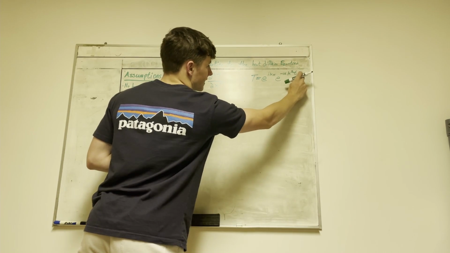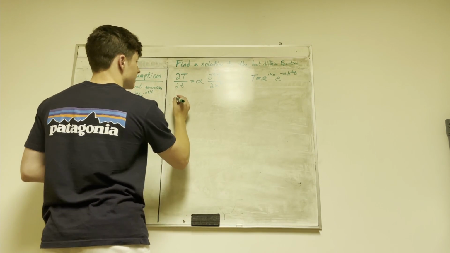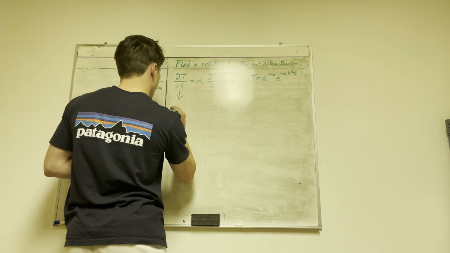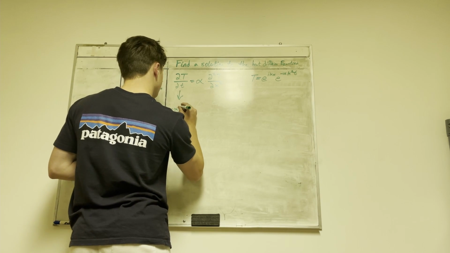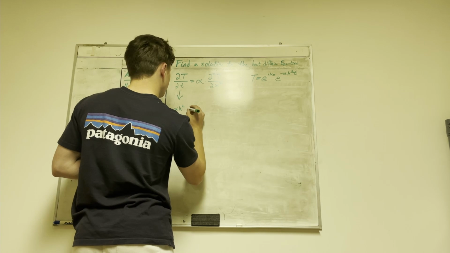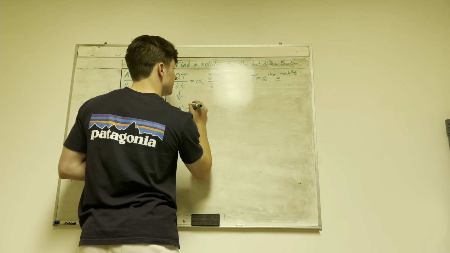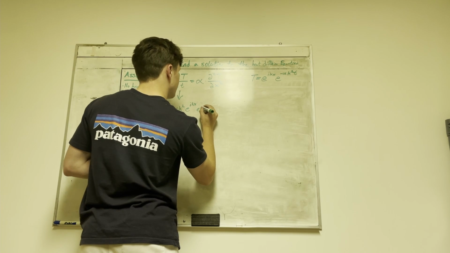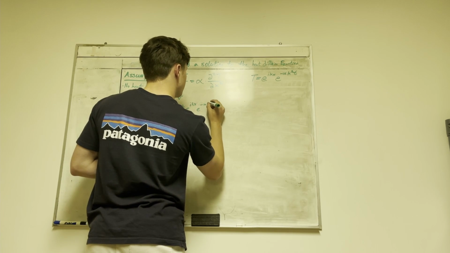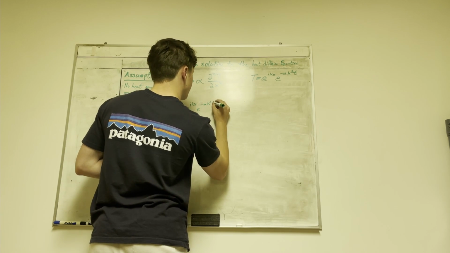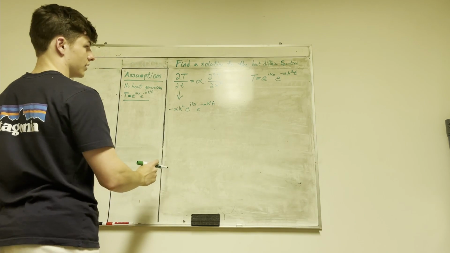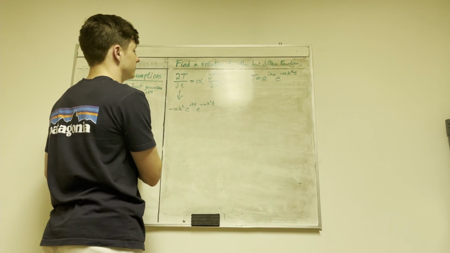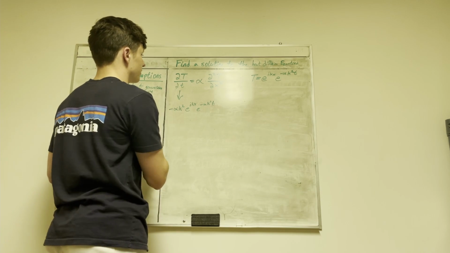This is the only term that has it, so that'll be negative alpha k squared e to the ikx times e to the negative alpha k squared t. So this right here is the first derivative of temperature with respect to time.